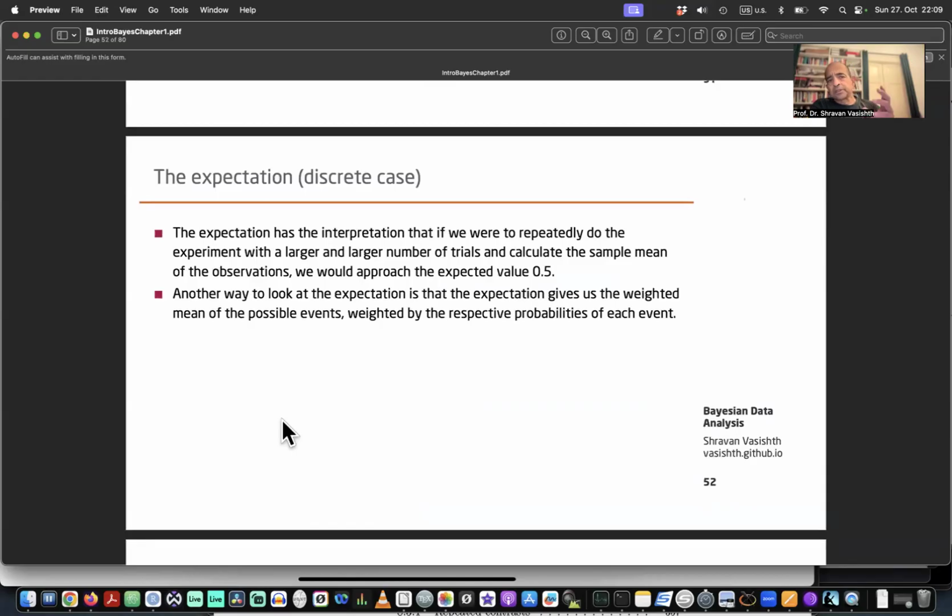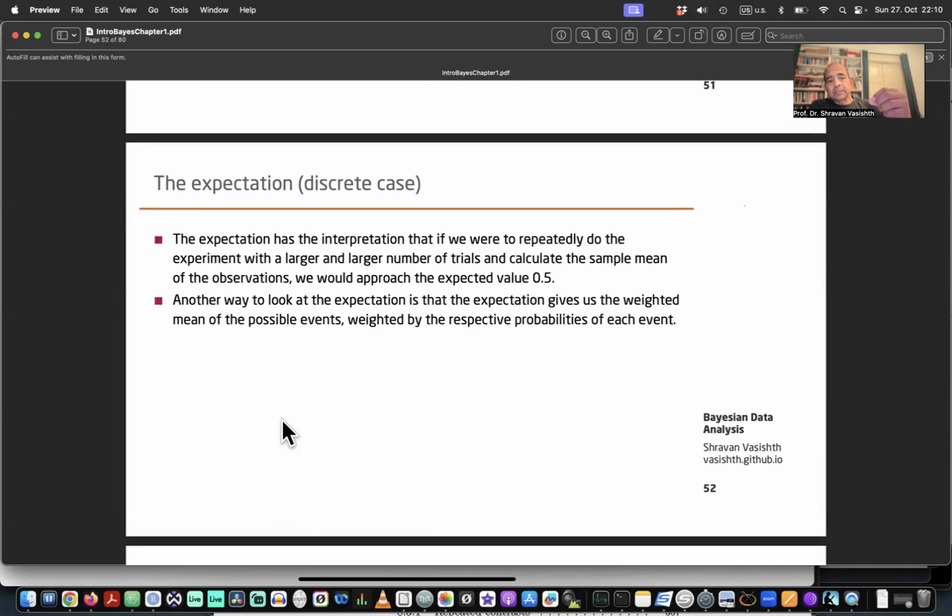But yeah, it's important to understand what the meaning is of an expectation. So the meaning of an expectation, well, of course, I'm talking in frequentist terms right now, is that if you were to repeatedly do the experiment with a larger and larger number of trials and calculate the sample mean of the observations, we would approach the expected value in the limit, right?